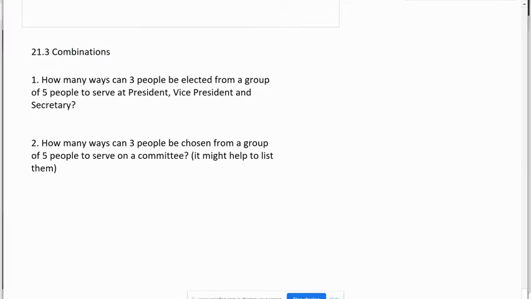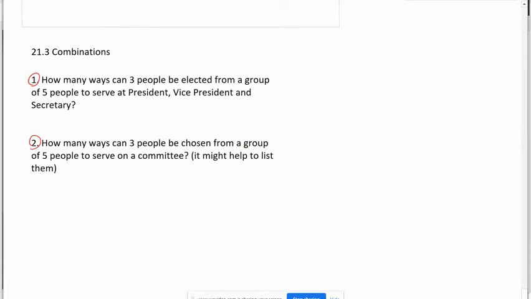So for problem number 1, how many ways can 3 people be elected from a group of 5 people to serve as president, vice president, and secretary? Go ahead and try that one, and then explore problem number 2. This time we just want a 3-person committee.